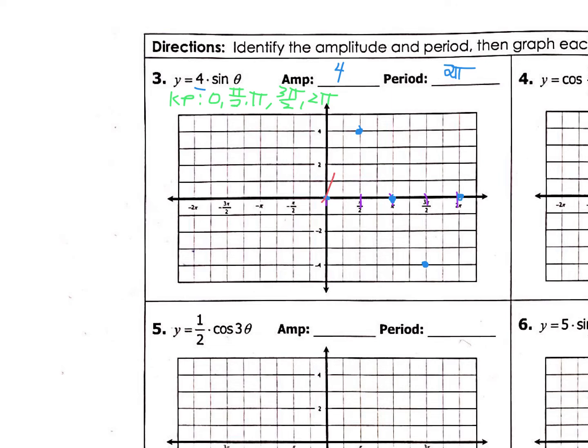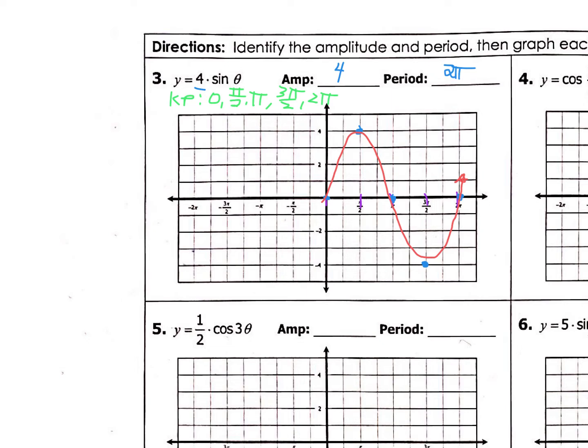So you see this nice S curve forming. Whoops, I missed it a little bit. And so that is one period of 4 times the sine of theta. And we're leaving all of these graphs labeled identically so that you can see how the amplitude and period change the shapes of these graphs.